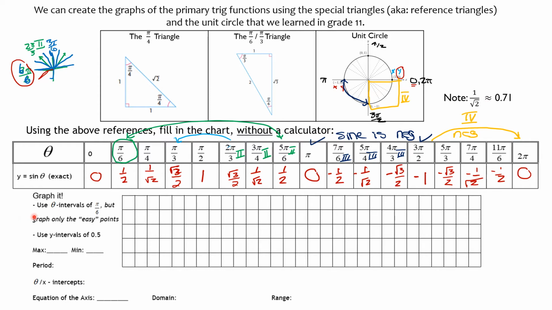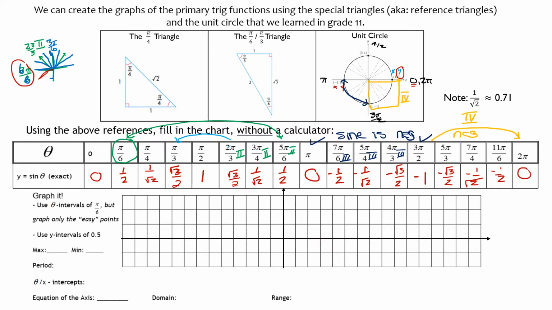So let's get our axes on there. There's a y-axis and there's the x-axis. We're just going to label intervals of pi over 6. This is where you have to get good with your fractions. So I'm going to count by sixths. This is going to be 1/6, which is pi over 6, 2/6, which is the same as a third, 3/6, 4/6, 5/6.